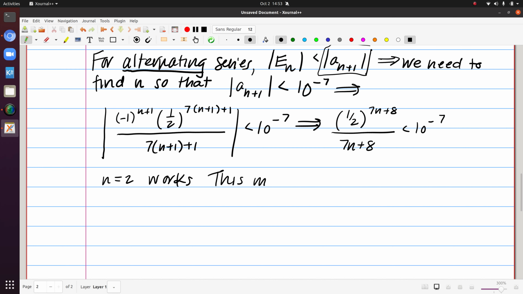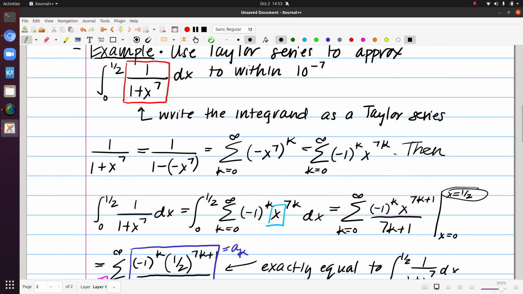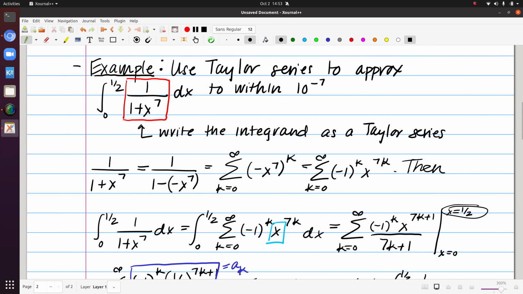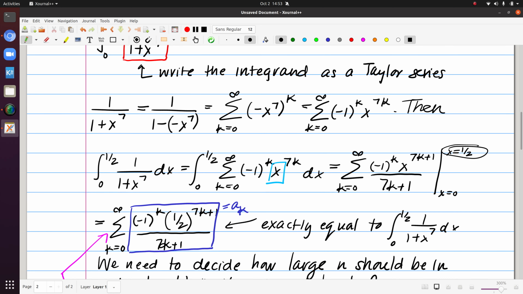And what I'd like to do is just kind of bring this back to the significance of what that means. This means that if we come back to the problem at hand, in approximating the original integral, by finding that n equals 2 satisfies the inequality in the end, that means that I can take the sum, which was exactly equal to the integral, and simply stop after the n equals 2 term.